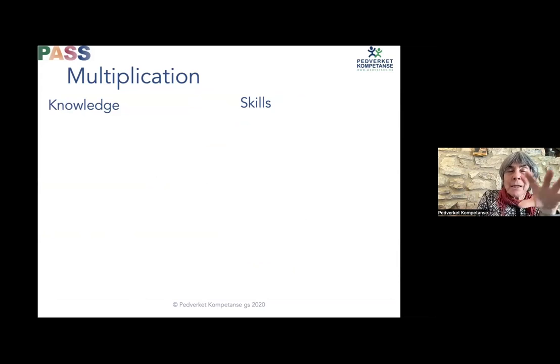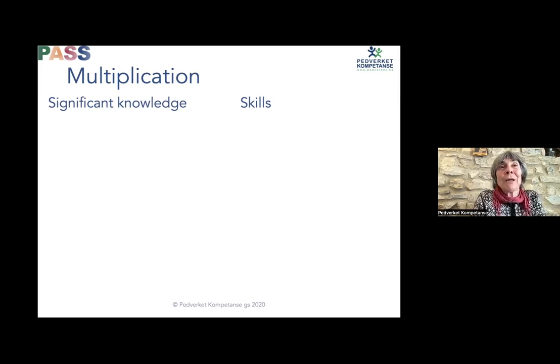Knowledge and skills you recognize from what we did in the previous session, and I've decided to change the name to significant knowledge, because I'm not sure everything is listed here. There might be other important things too that nobody has thought about yet, but at least some significant knowledge in terms of concepts and conceptual systems are going to be listed here.